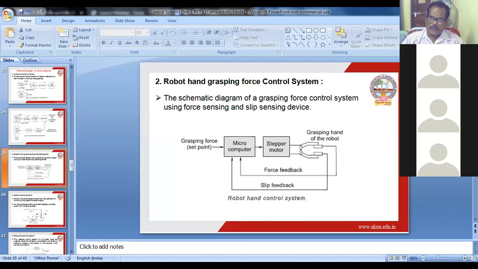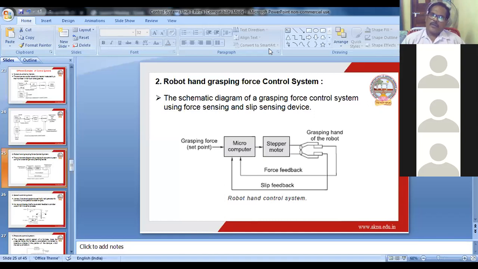Good afternoon, students. In the last class, we learned about the different types of control systems, how they can be classified based on various factors.